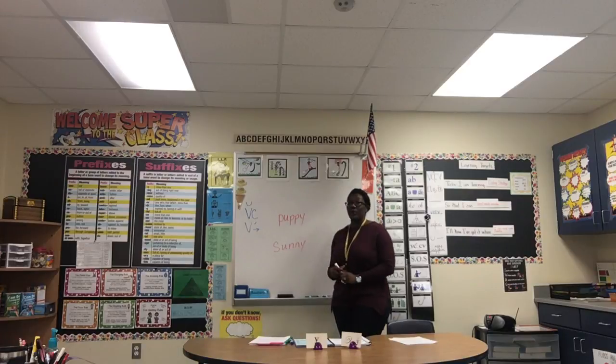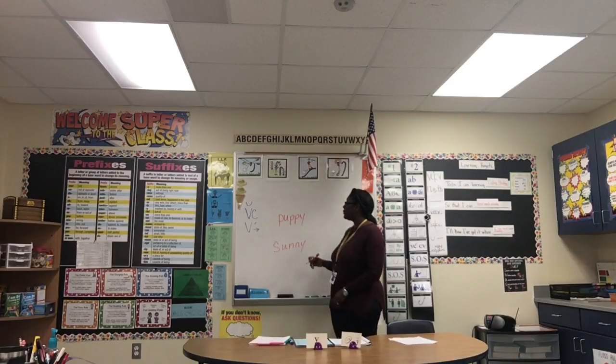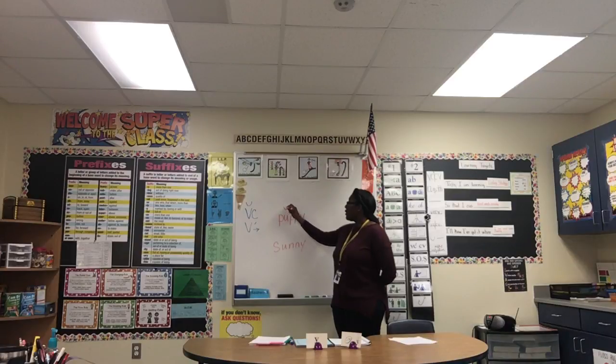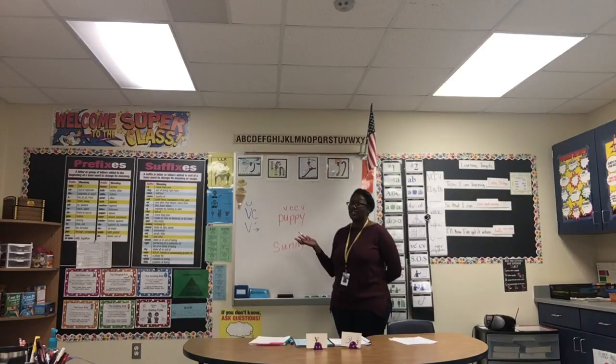So let's look at our word to see how to code Y when it's an E sound, like in puppy. First, you have to look and see that this is a two-syllable base word because there's two vowels. U is a vowel, P is a consonant, P is a consonant, and Y is a vowel in the final position.